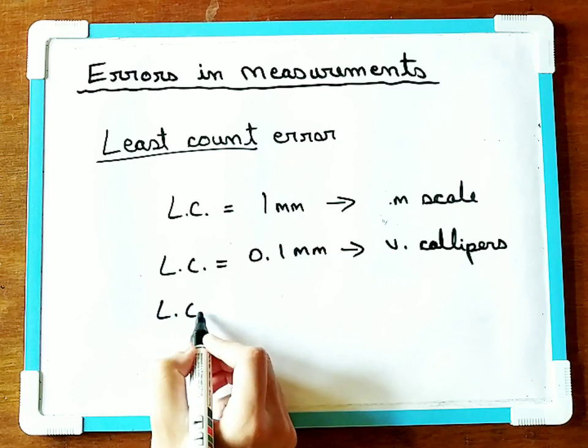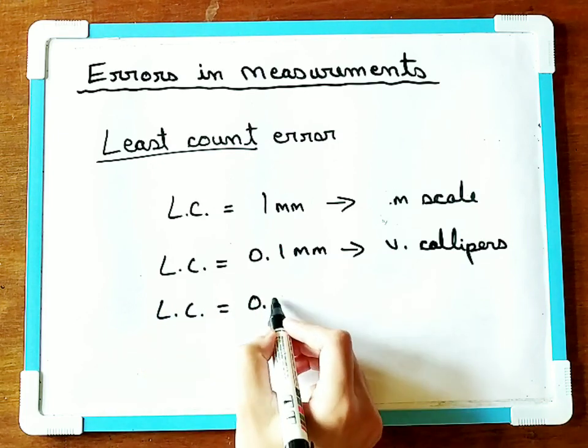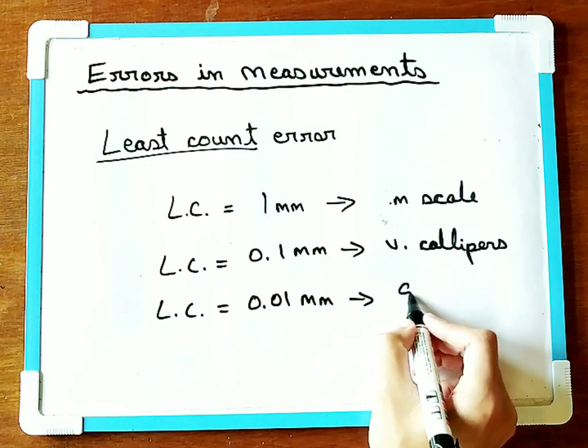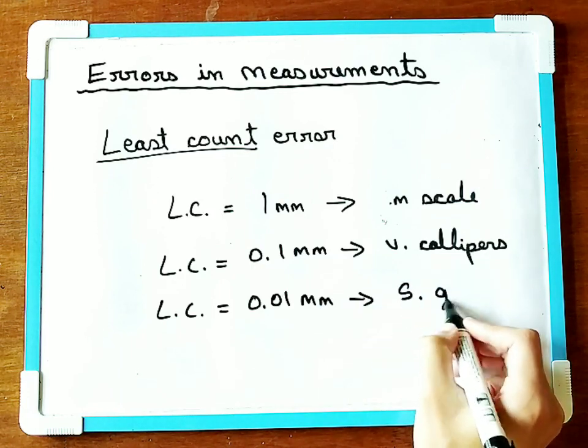And the least count of your screw gauge is 0.01 millimeter.